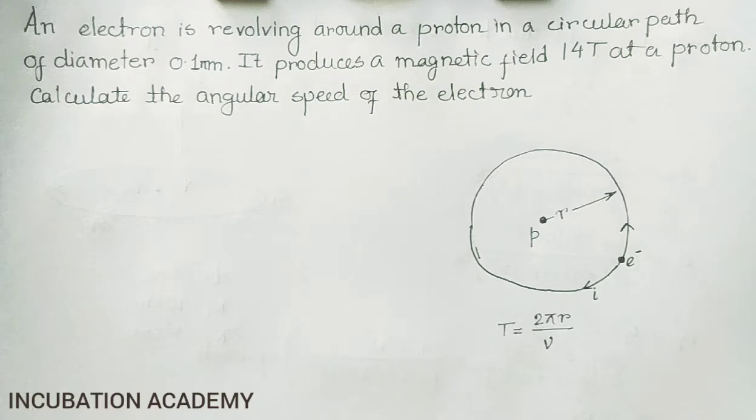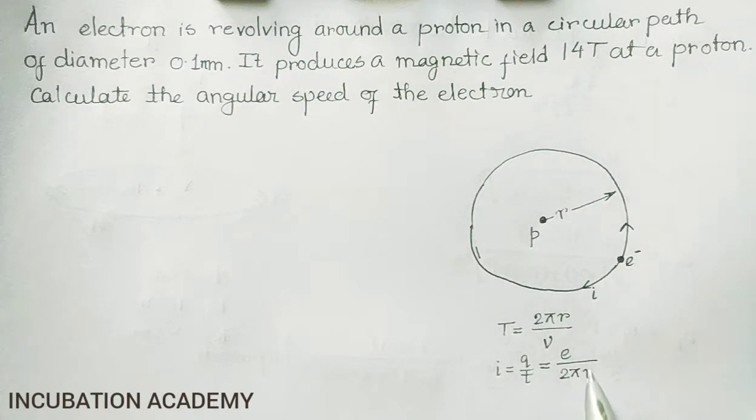If I try to find the value of the current, we know that current is denoted by q by t, charge divided by time. Q is e here, and t is the time period for one complete revolution, so it is 2 pi r divided by v.